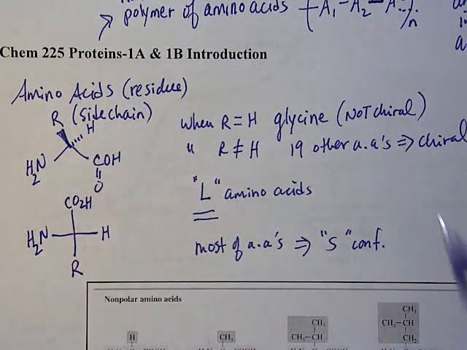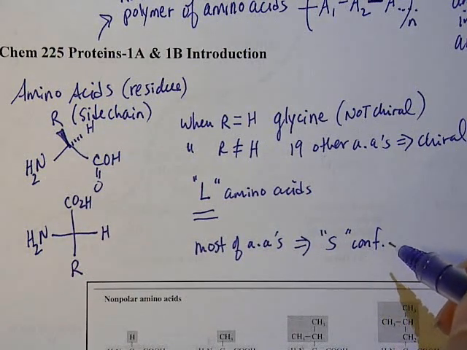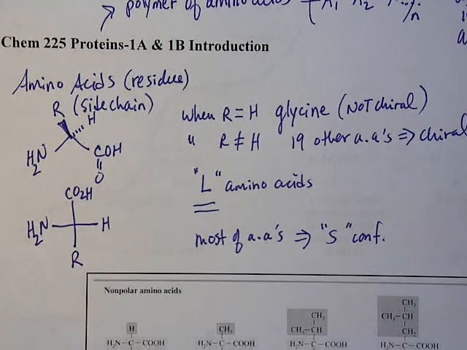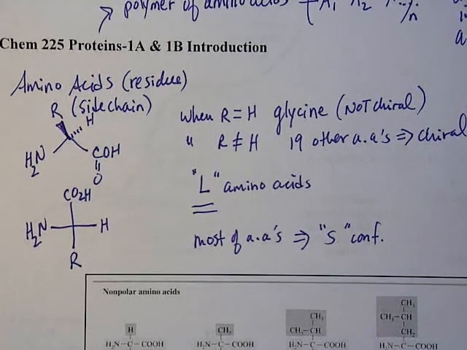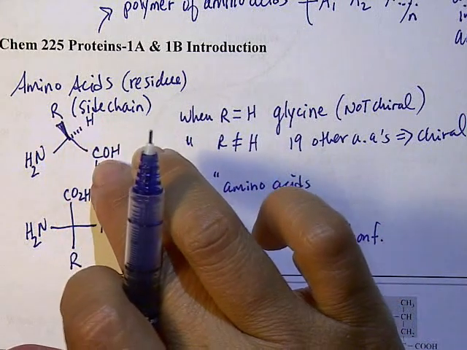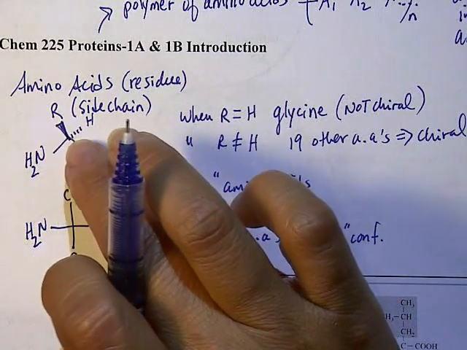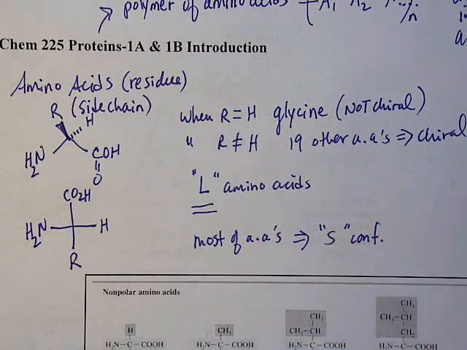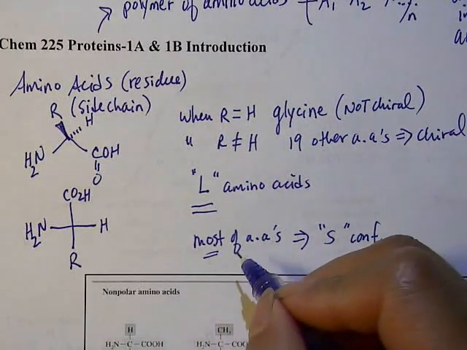There is one exception to that, and that exception is an amino acid called cysteine, because the R has higher priority than the carboxylic acid, so it actually gives you an R configuration. That's why I say most.